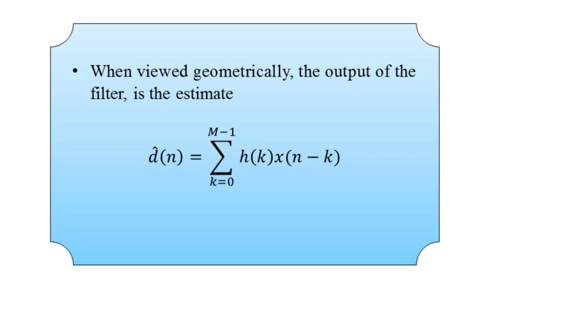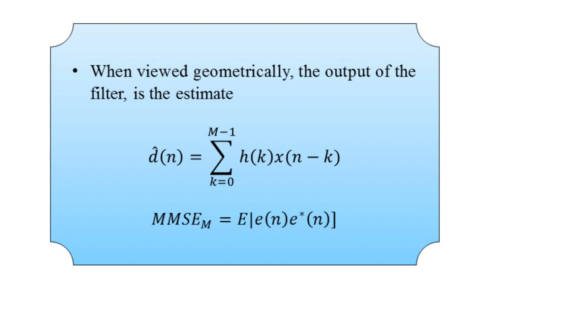Now since the mean square error is minimized by the selection of the filter coefficients to satisfy the orthogonality principle, the residual minimum mean square error can be simply represented by the expression.